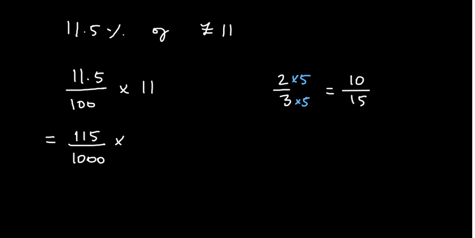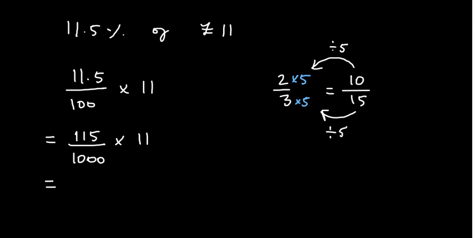And then to get from this to the original fraction, you can just simplify by dividing both numbers by 5. So that would be equivalent to this fraction, and then you would just carry on as usual.